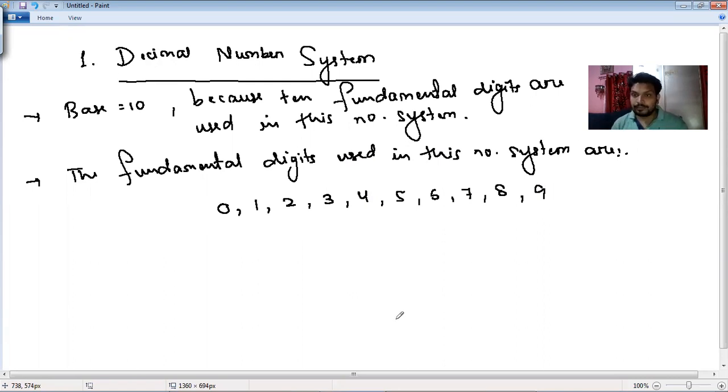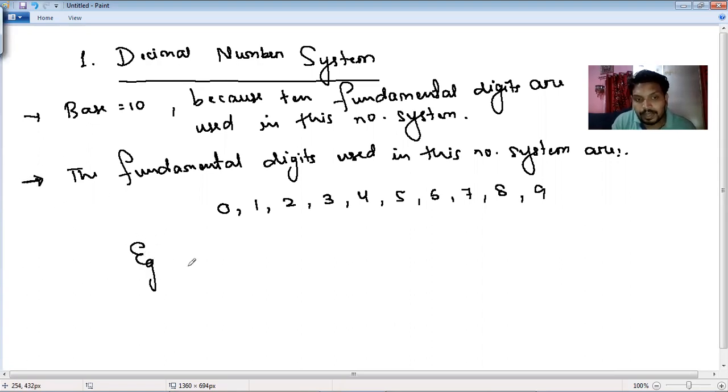So in our day-to-day life, we are using some numbers. If we go to bank or if we go to market to purchase some items, we give money. We just calculate. So the number system which we follow in our day-to-day life belongs to decimal number system, because the numbers which we use comprise of these fundamental digits.